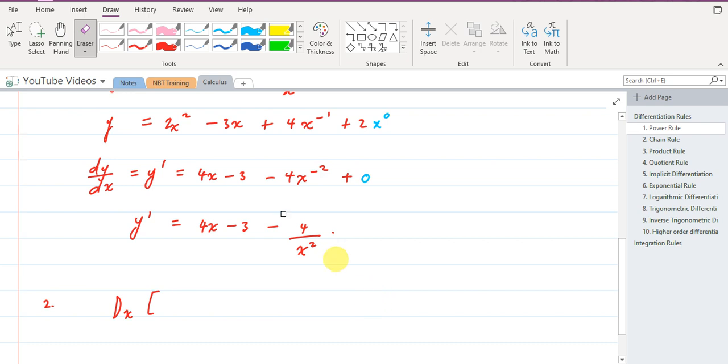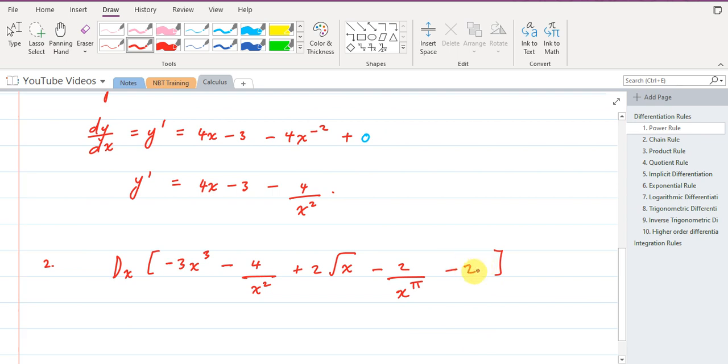Let me write down the function, which is minus 3x cubed minus 4 over x squared plus 2 root x minus 2 over x to the power pi minus 20.